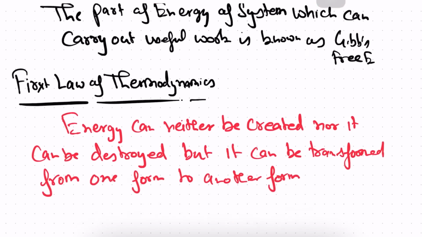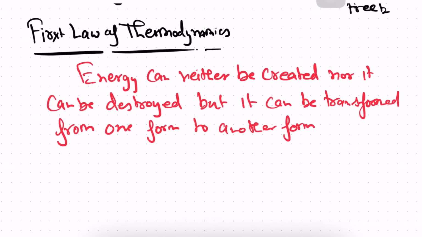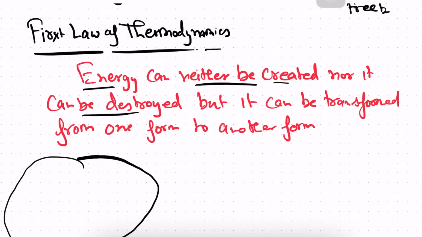So this is the first law of thermodynamics. Energy can neither be created nor destroyed, so you can remember that the energy of the entire universe is constant. Something you can't create, something you can't destroy. And energy can be transformed from one form to another form. You must be knowing different forms of energy.